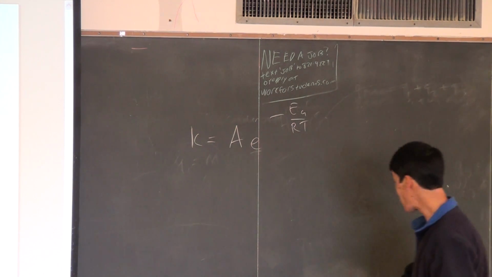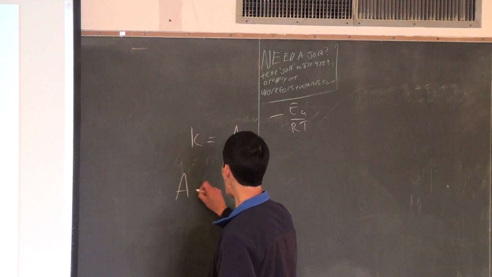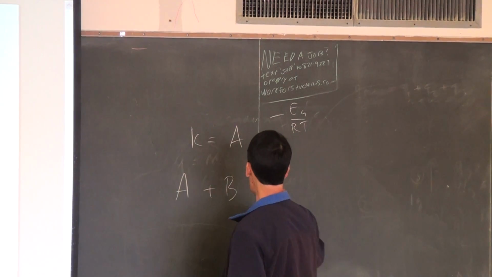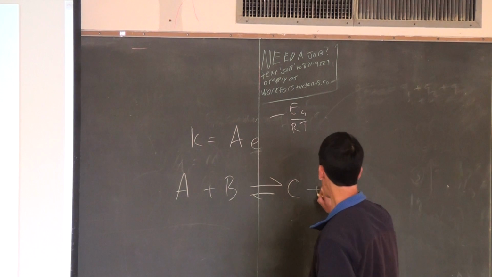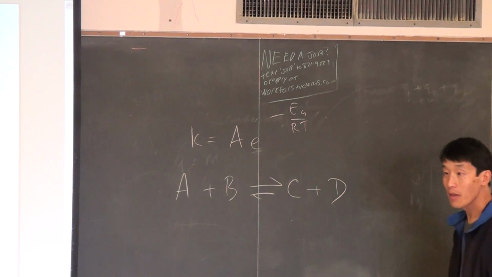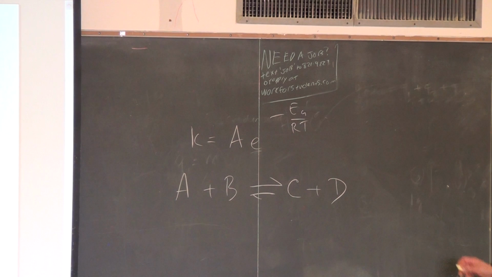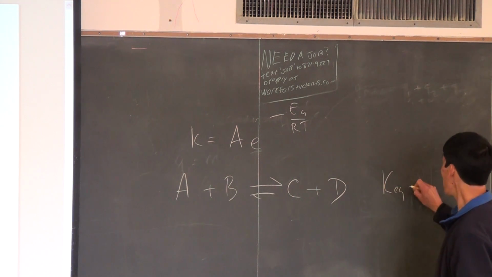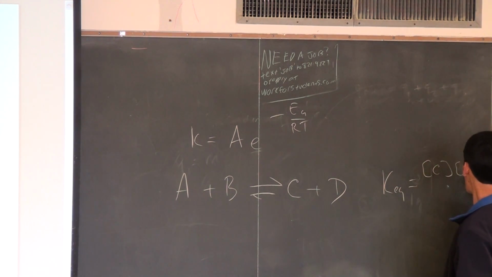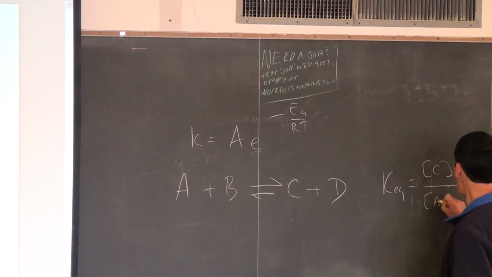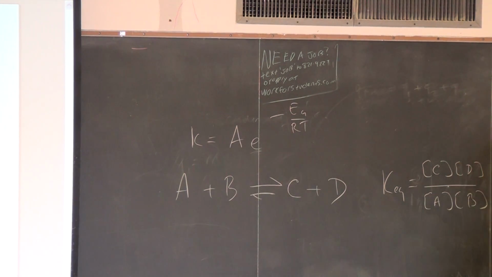Okay, let's just say we have some generic reaction: A plus B goes to C plus D. And we know that KEQ is equal to C times D divided by A times B. So if the temperature increases, does the equilibrium constant stay the same? Because they call it the equilibrium constant.